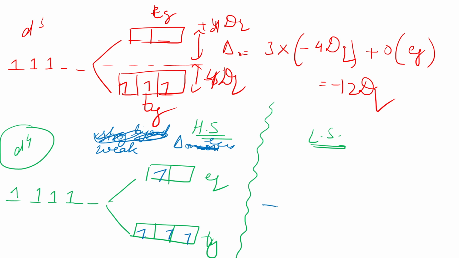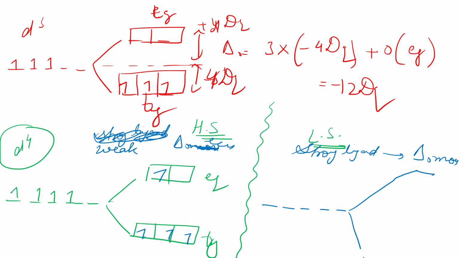But if it is a low spin complex, that means a strong ligand, delta naught more. So the gap is more here, as you can see. How will the electrons be filled? 4 electrons, 1, 2, 3, 4. Instead of filling the upper Eg level, it is filling only the downward level.